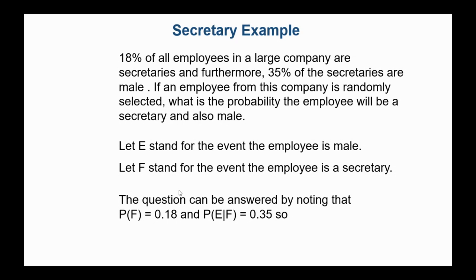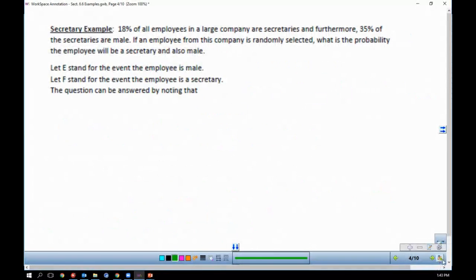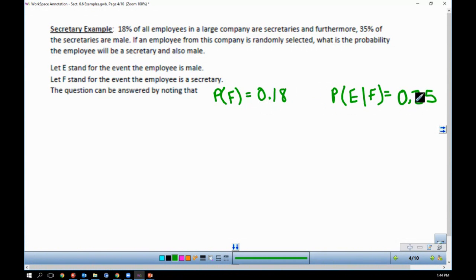Okay, so let me go back to here. So we said we can note that probability of secretary is going to be 18%, and probability of male given being a secretary is 35%. And they ask us to find the probability of being a male secretary.